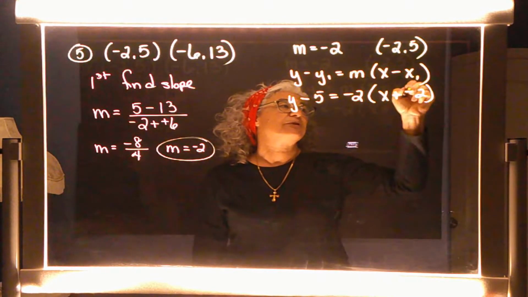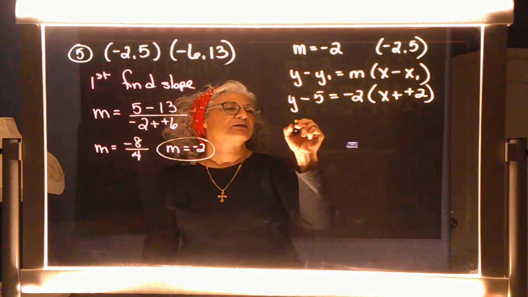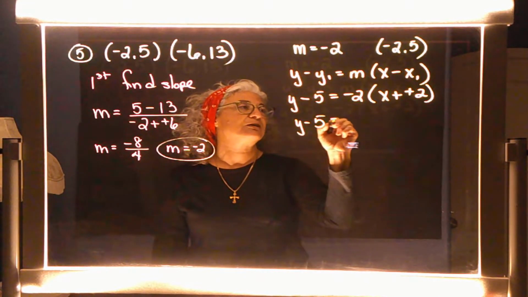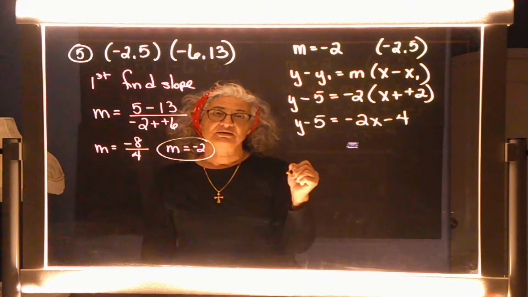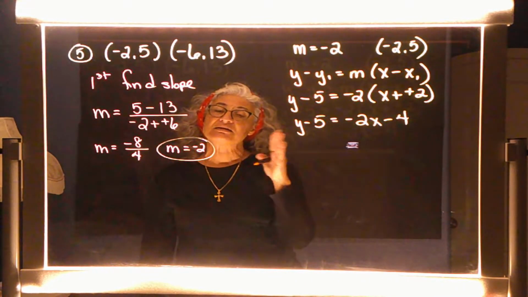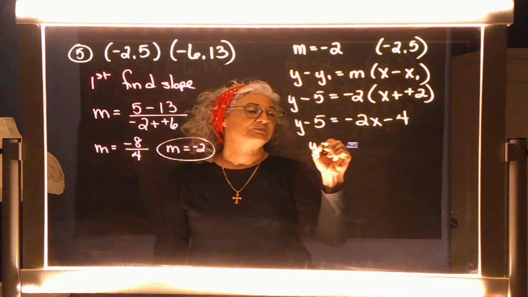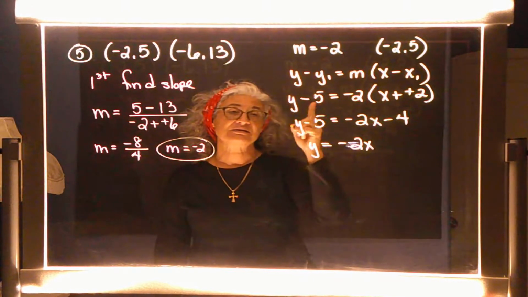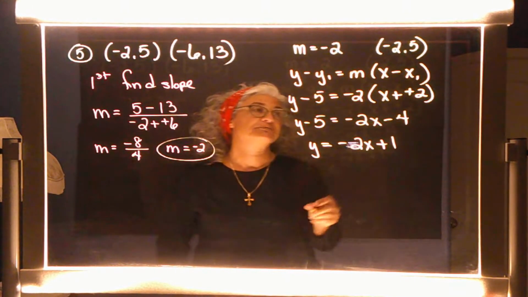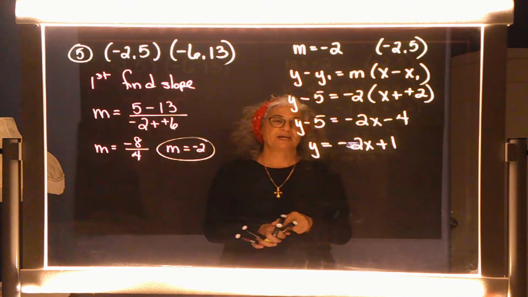Which means in this parentheses becomes an addition problem, agreed? Okay, so we have y minus 5 equaling -2x minus 4, and I want it in slope-intercept, which means the y has got to be by itself, and then I end up with -2x plus 1. Cool?